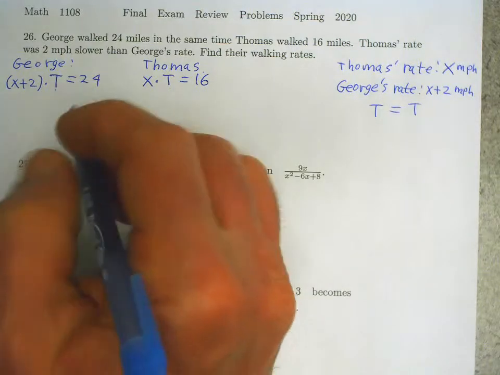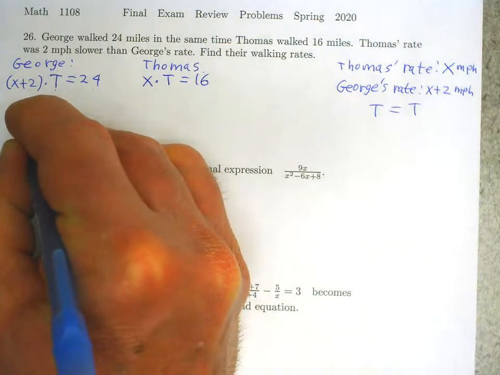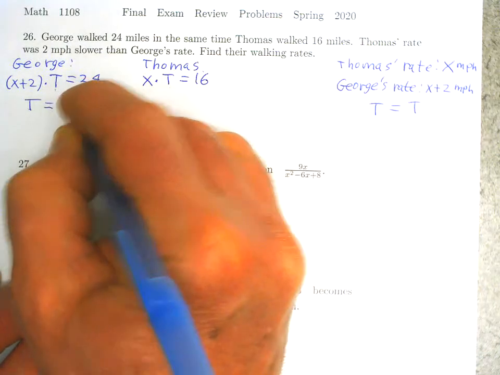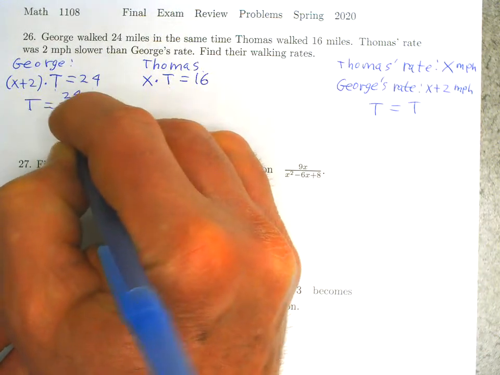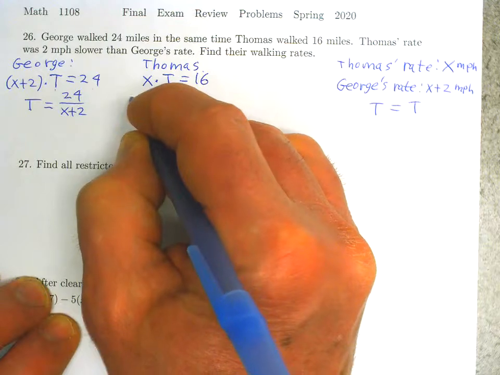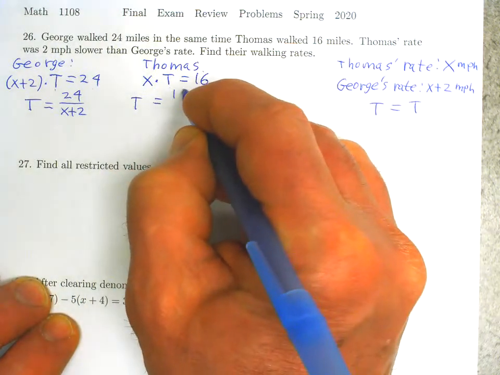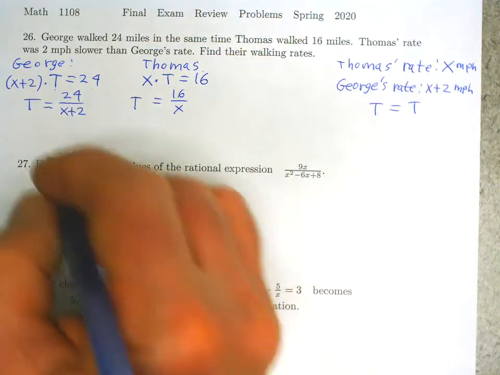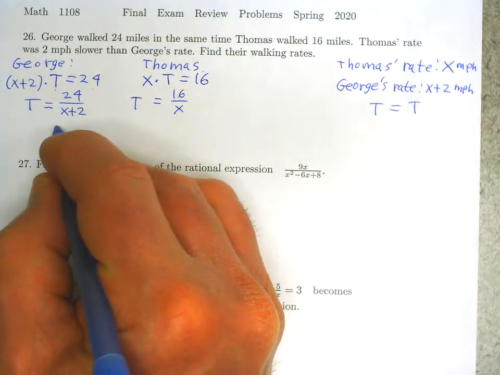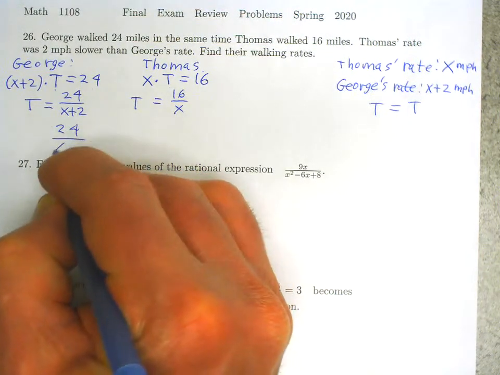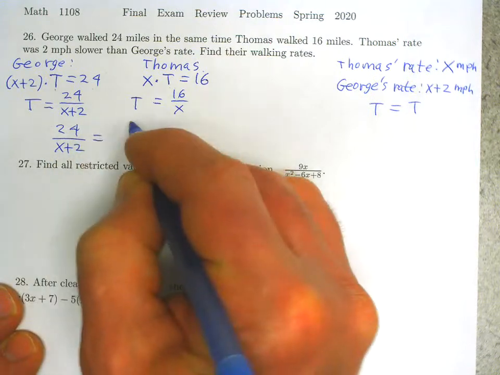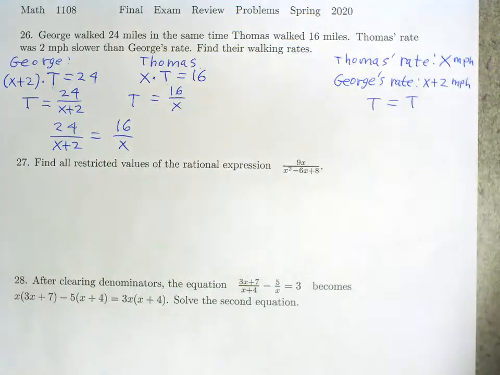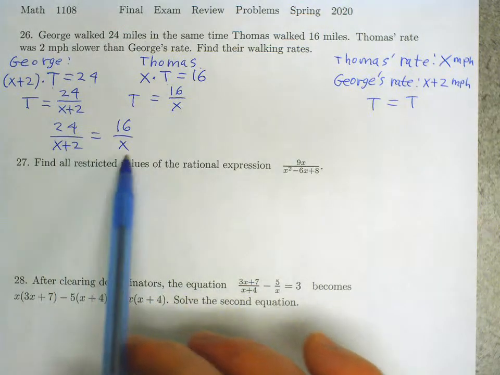So what we can do is solve each of the two equations for time. Time for George is his distance divided by his rate. Time for Thomas is his distance divided by his rate. But the two times are the same, so our equation is 24 over x plus 2 equals 16 over x. Okay, so this is a pretty simple equation to solve.